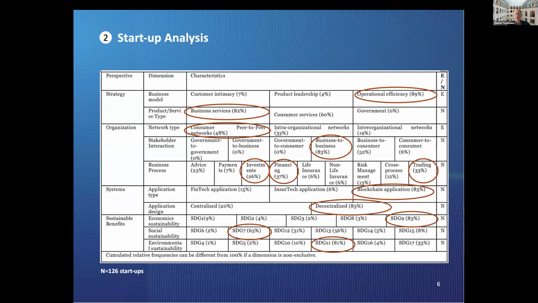So this is also a clear trend that we could see, followed by SDG number 7, which is on 65%. All others are a little bit lower. As you can see, some are not in the focus at all. So this is how it splits up at the moment.